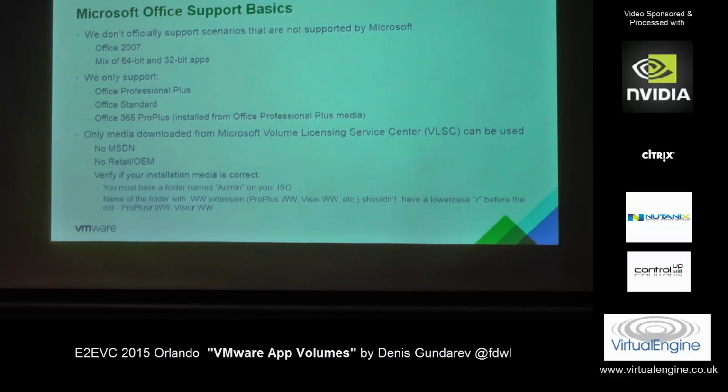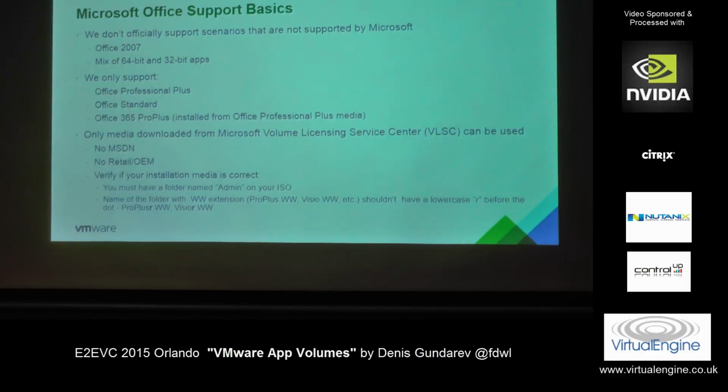You cannot use OEM, retail, or MSDN editions of Microsoft Office. Installation media should be downloaded from the Microsoft Volume Licensing Service Center. If you download it from MSDN or use a retail copy, your Office will fail to activate.